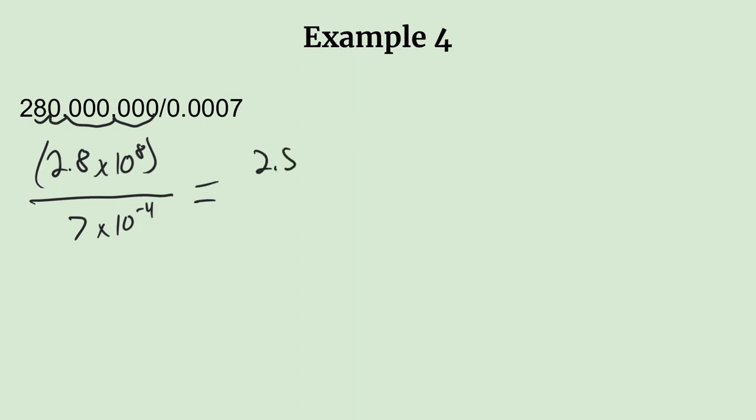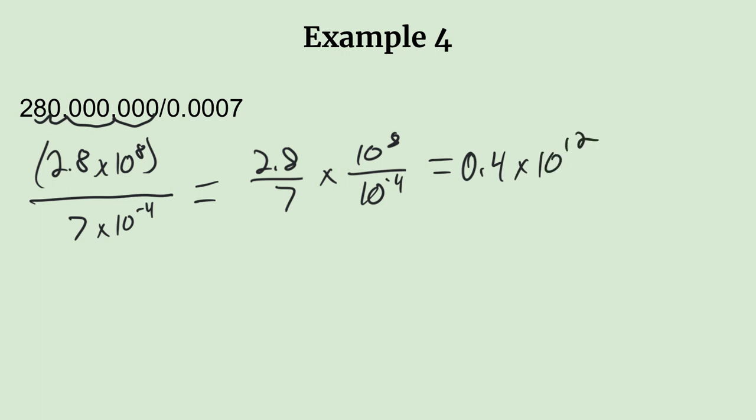So we'll have 2.8 divided by 7 times 10 to the 8th divided by 10 to the negative 4th. That first one's going to be 0.4, and the second one is going to be 10 to the 12th. And then there are 2 significant digits here, so we want to move this to the right 2 times. So it'll be 4.0 times 10 to the 10th.